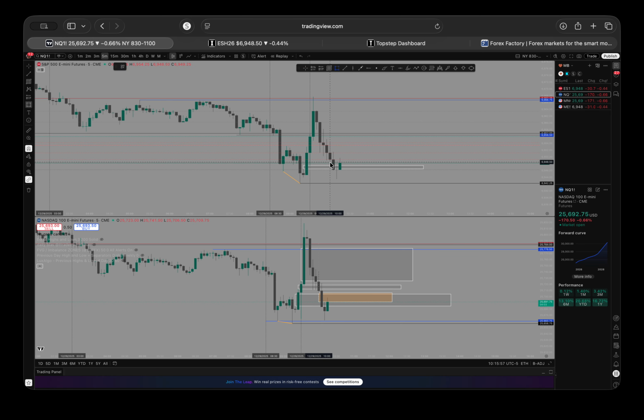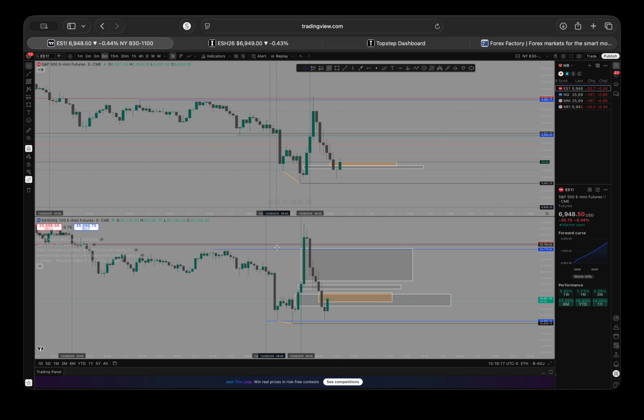Let's see if it gets invalidated. I can enter into a trade if it's invalidated. Let's see how this candle closes. If it closes bullish, we might take it.